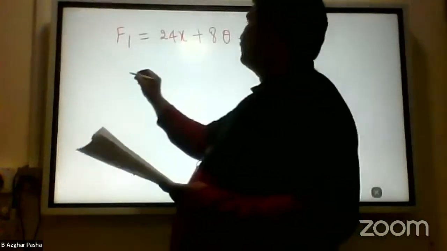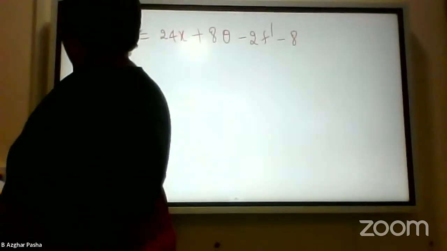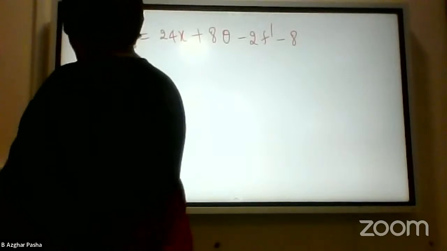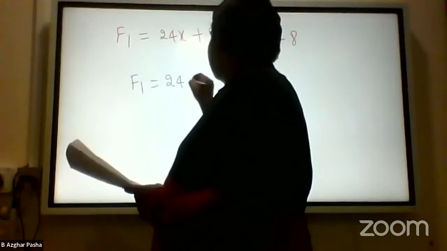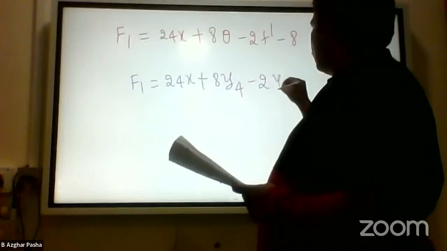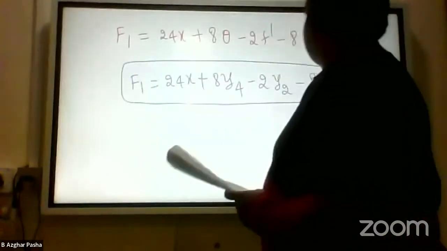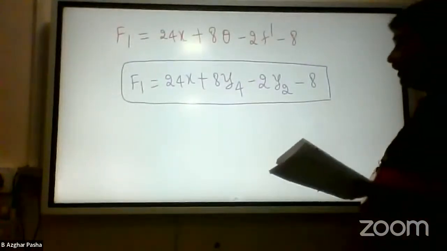So F1 is equal to 24x, I'm not changing this, theta is y4, f dash is y2, minus 8. This is F1. Next, F2.